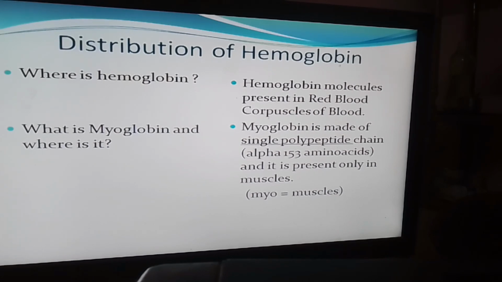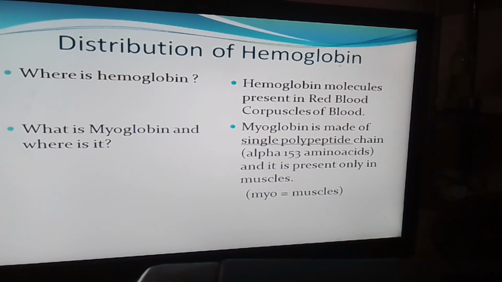And then myoglobin is present in muscle tissue, as we already told, but hemoglobin is present in RBC, and the myoglobin is to receive oxygen from hemoglobin. Accordingly, you can assume it as a storehouse of oxygen inside the muscle tissue, but hemoglobin in contrast is involved in transport of oxygen from the lung region to the tissue region.